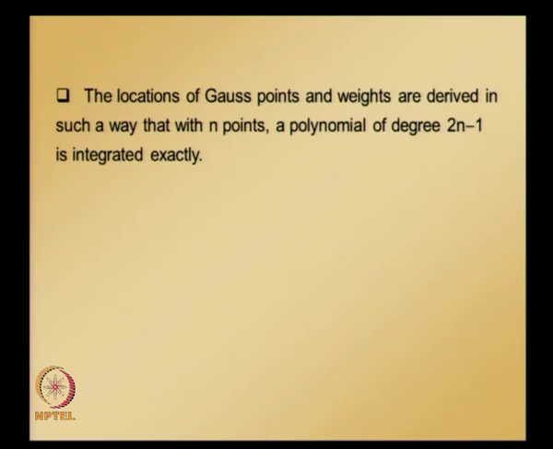The locations of Gauss points and weights are derived in such a way that with n points, a polynomial of degree 2n minus 1 is integrated exactly.